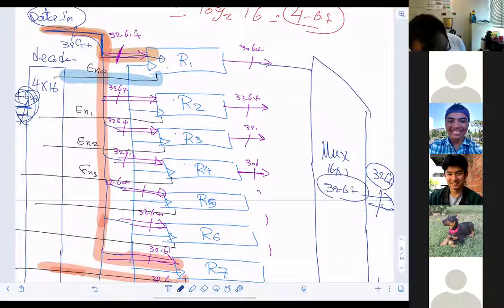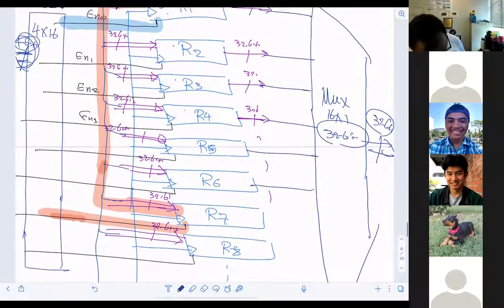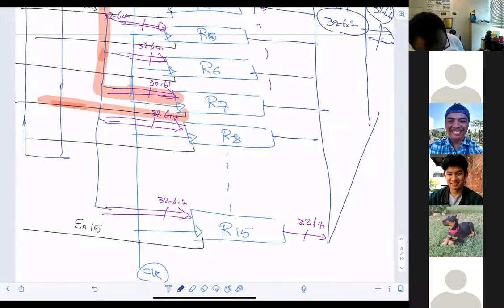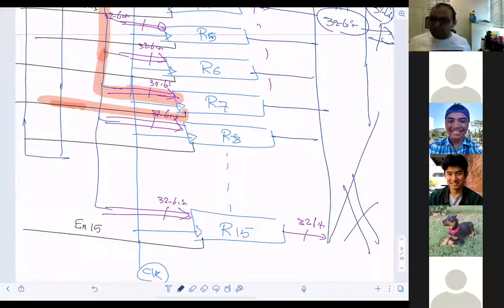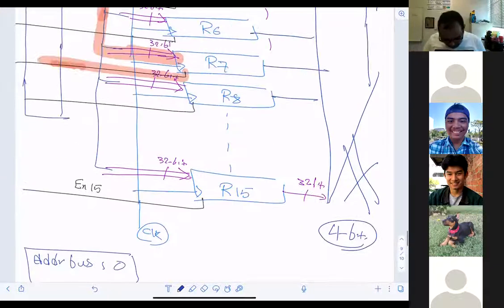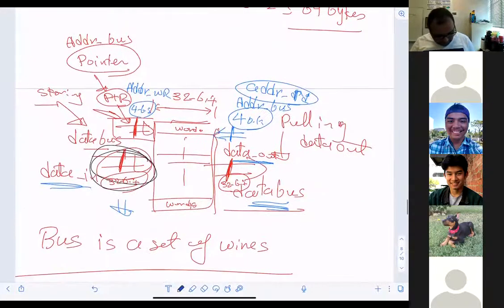Because this is going like this, going like that, going like this. And the selector for this multiplexer will be what? Log 2 of 16, which is gonna be 4 bits. So in that case, this one is, from your point of view, the read address bus.